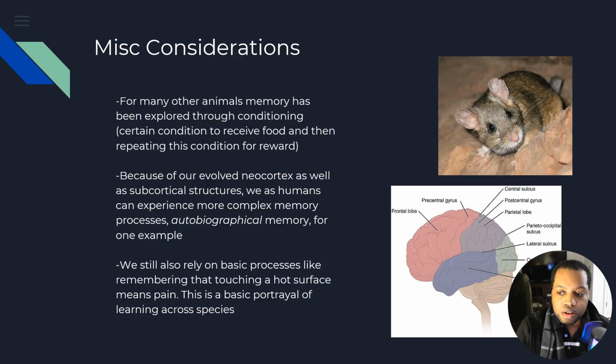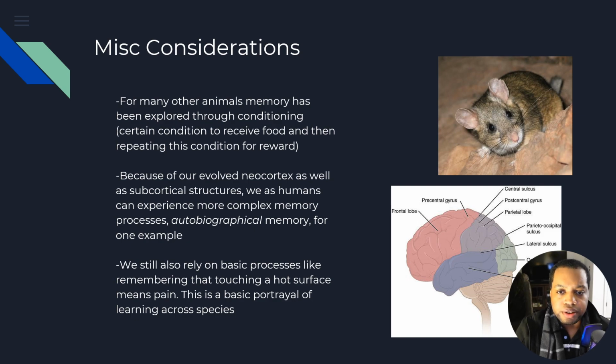So we are conditioned to avoid things that look hot or feel hot because of that pain association. But because of our evolved neocortex as well as subcortical structures, we do have more complex memory processes. So autobiographical memory is one example. Of course, other species don't necessarily have these more advanced cortical structures or neocortex in the same way.